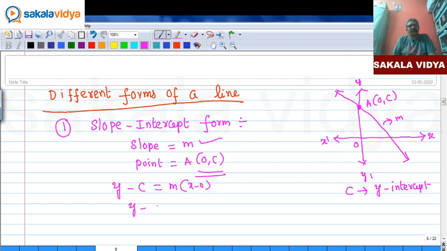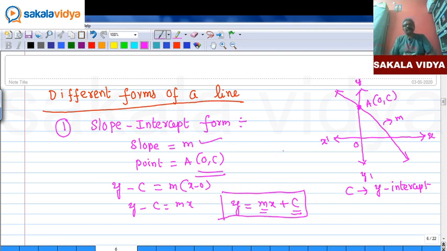So y minus c equals mx. Now we can write y is equal to mx plus c, where m is the slope of the line and c is the y intercept. So this is called slope intercept form, y is equal to mx plus c.